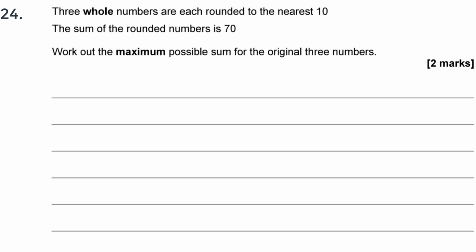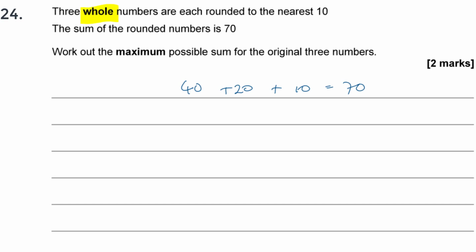So three whole numbers are each rounded to the nearest 10 and they sum to 70. So let's say that my three numbers rounded are 40, 20 and 10. That would add up to 70, wouldn't it? Okay, so what is the maximum number that would round to 40? Now remember, these are whole numbers, so they can't be like point anything.